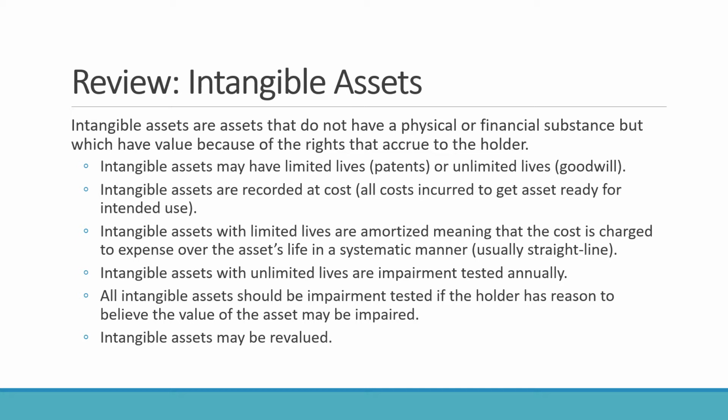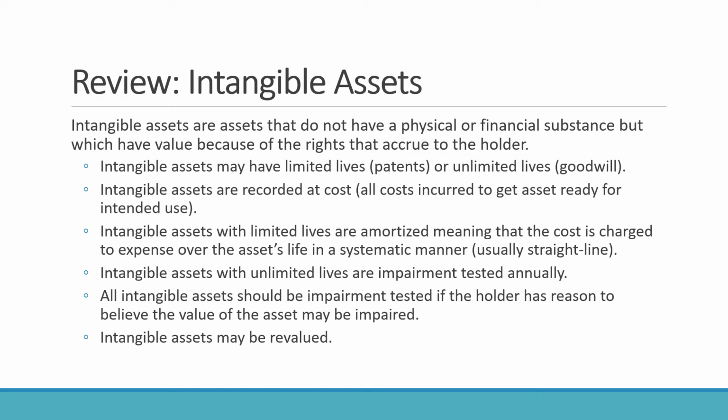Intangible assets are going to be recorded at cost, and when we use this term cost, we mean all cost incurred to get the asset ready for its intended use. That is true of all assets, not just intangible assets. They are going to be recorded at cost.